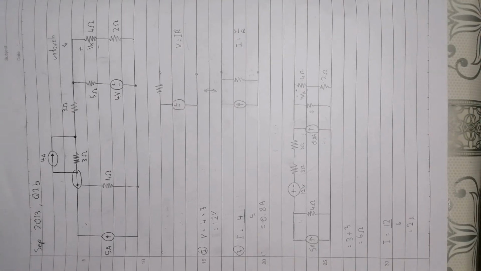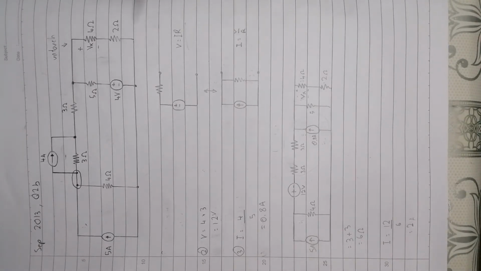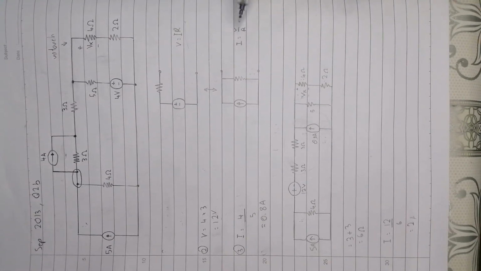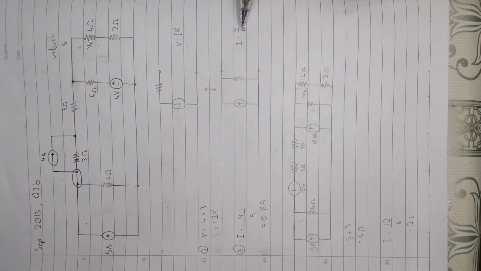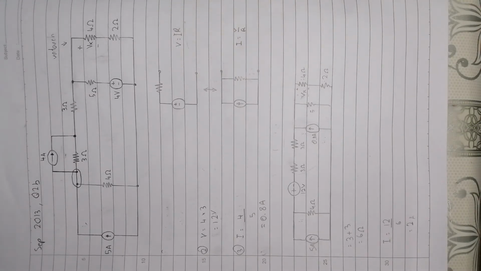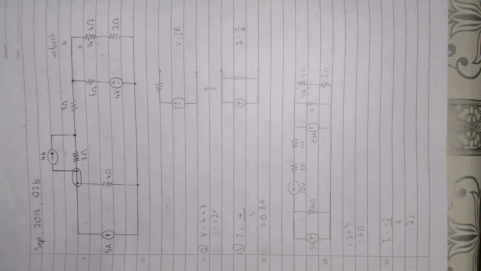So source transformation in general is that we change the source, for example, the voltage source into the current source by using the formula I equals V over R, or we change from current source to voltage source by using the formula V equals IR.